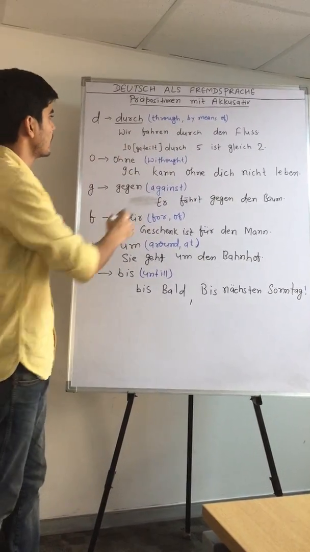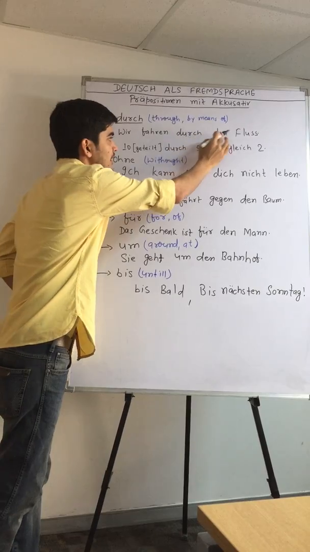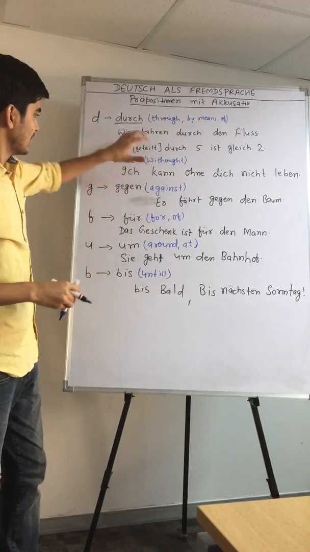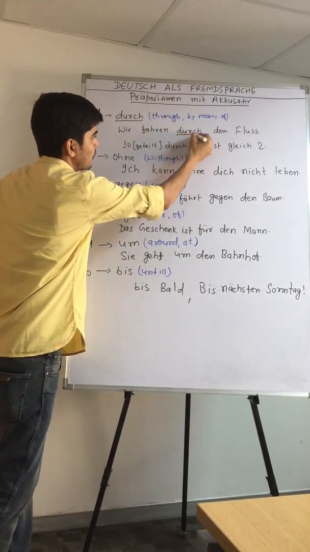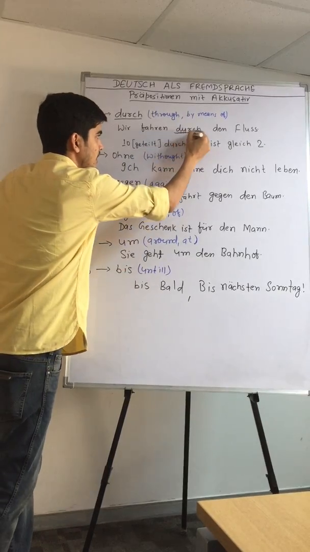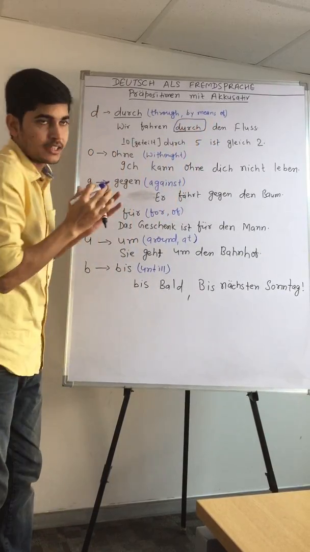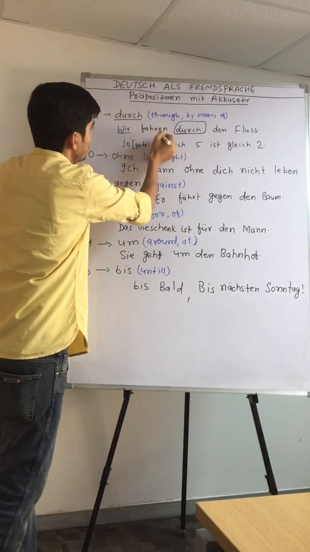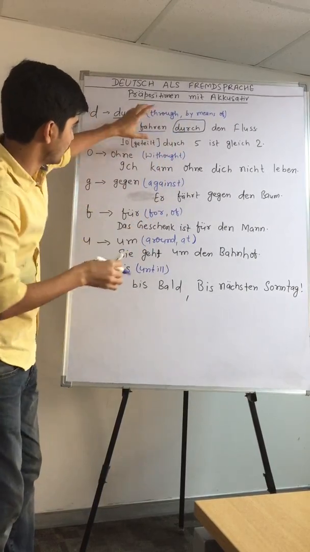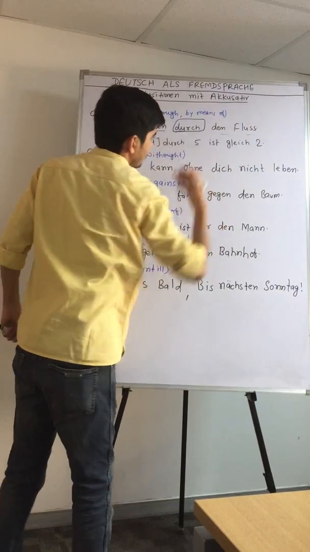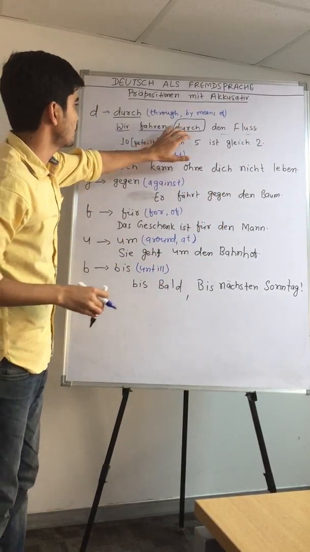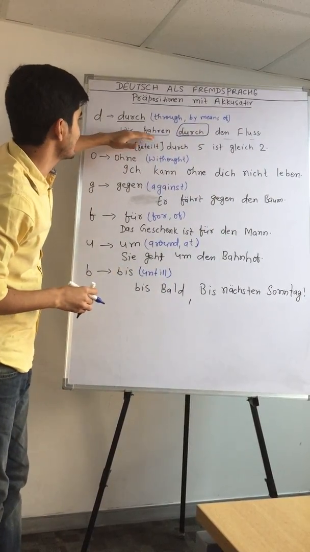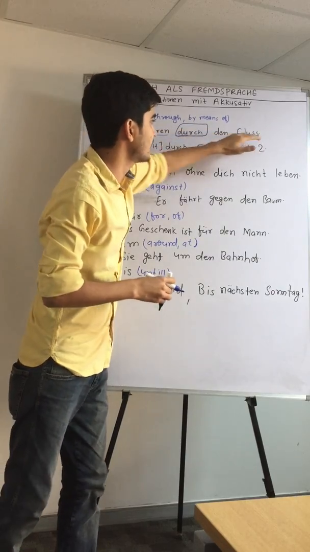Zum Beispiel, for example, wir fahren durch den Fluss. So this is our preposition. It is used as a union between the subject or a noun and then the verb with another noun. So durch: we drive through the river.